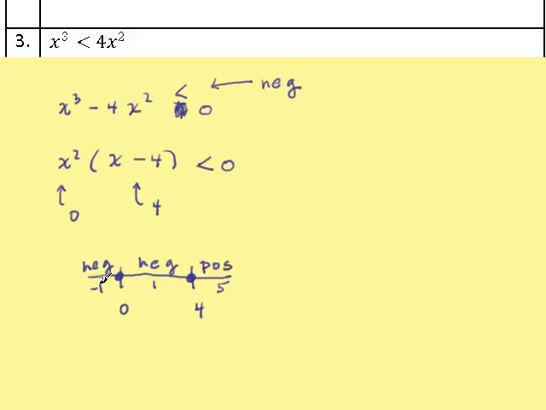We want to know when is this negative, so that would be here and here. Don't include the zeros now, because we don't want to include where this is equal to 0, only less than 0. So negative would be, this piece would be x less than 0. And then this piece over here would be x between 0 and 4.